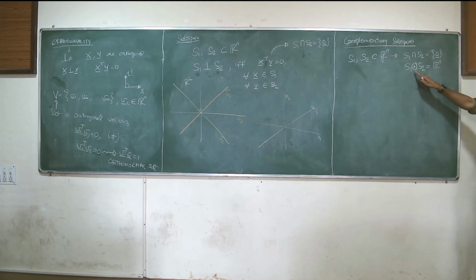What is the definition of addition of two subspaces? Maybe go back to your sheet. What does it mean? What do you get when you add two subspaces? I don't know if it's there in the sheets.